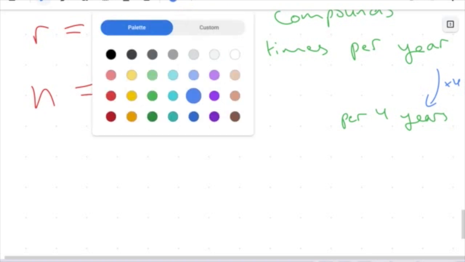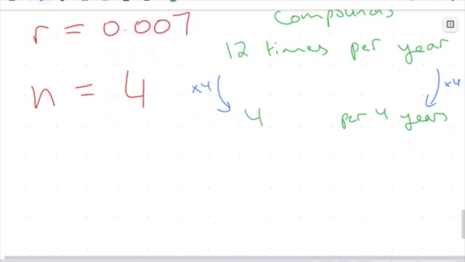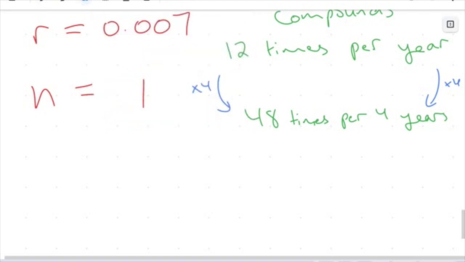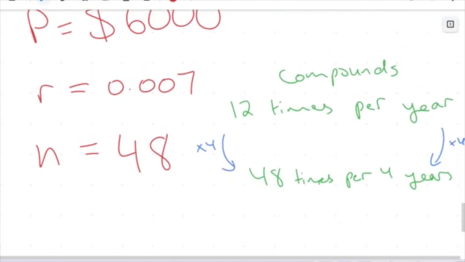So I wind up with 48 times this investment has compounded per 4 years. It's compounded 48 times in the 4 years. So my N is going to be not 4, it's going to be 48, because there are 48 times my investment is compounding.